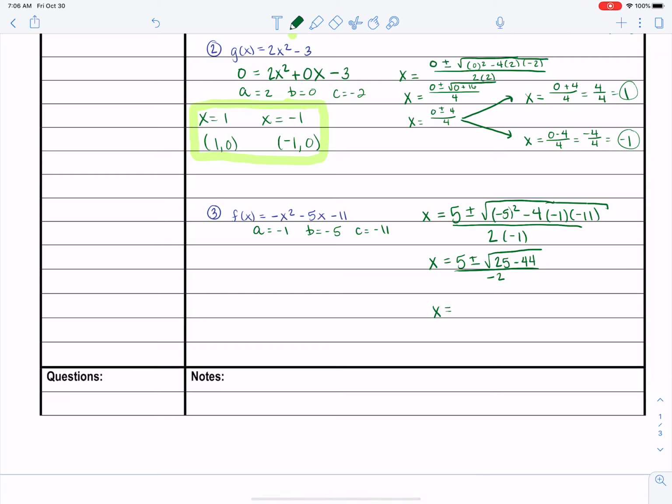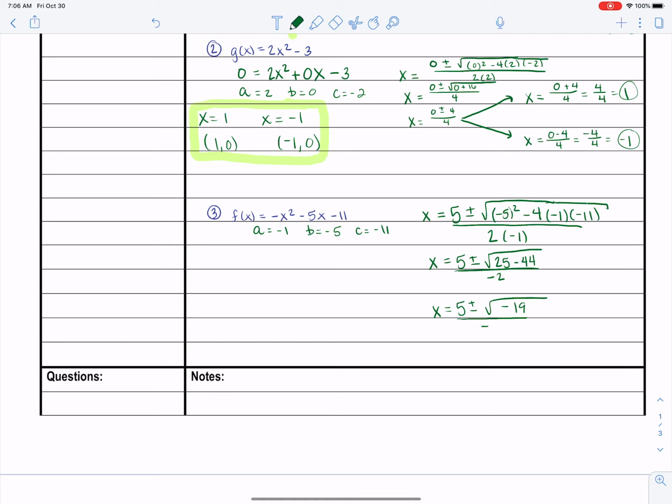So x equals 5 plus or minus the square root of 25 minus 44 is 11. No, it's not. Hang on. Negative 19. I was way off.